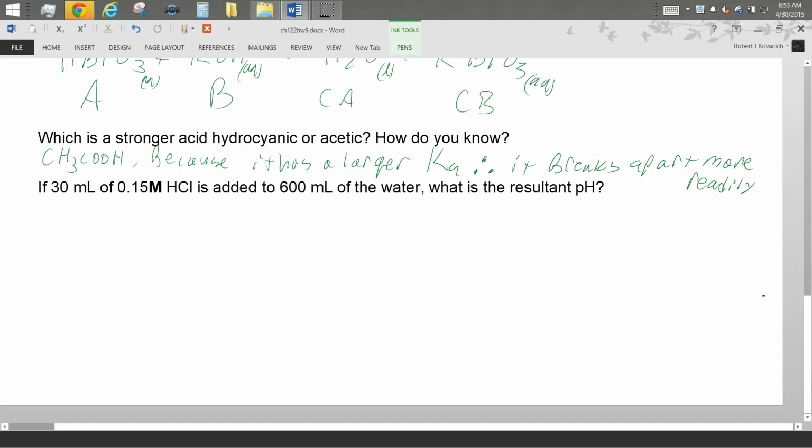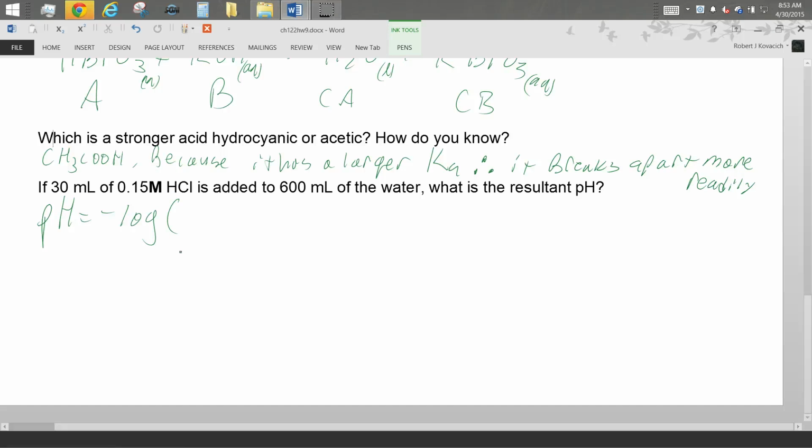So I've got 30 milliliters of this and 600 milliliters of water. What's my pH? Okay, so how do you calculate out a pH? What do you need to know? Negative log of what?